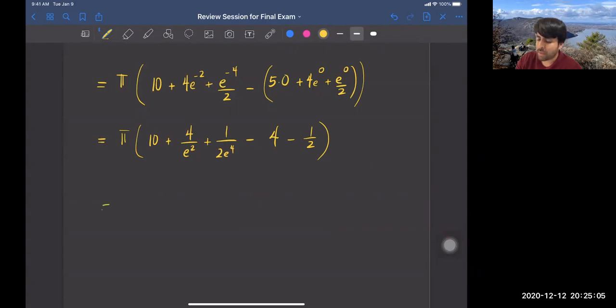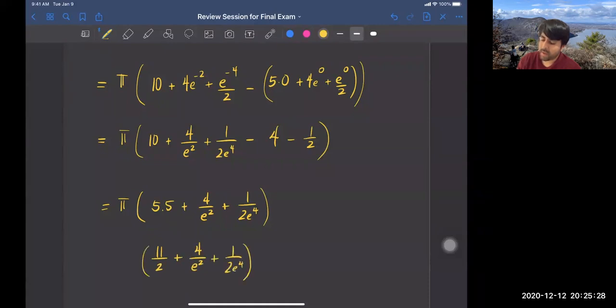So this is going to equal pi times 5.5 plus 4 over e squared plus 1 over 2e to the fourth. And this becomes 11 over 2. So it becomes 11 over 2 plus 4 over e squared plus 1 over 2e to the fourth, times pi.